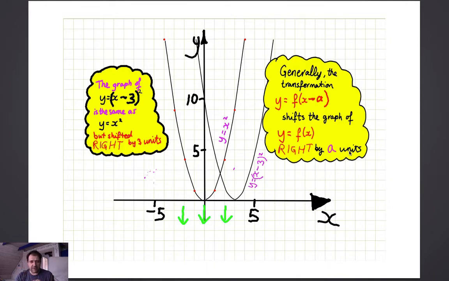It's perhaps not everybody's thing to remember all of the abstract notation like that, but if you can remember it in these terms: doing something to the x first and then applying the function shifts it to the left or the right, and possibly in the opposite direction to what you might expect. So x minus 3 is making the graph go kind of forward, if you think of to the right as being forward, by 3 units.